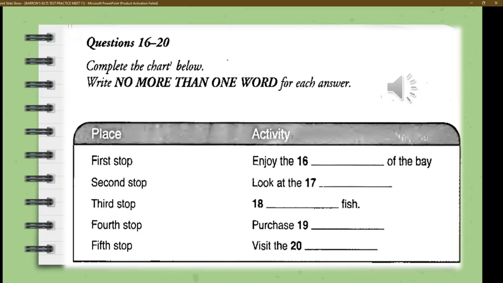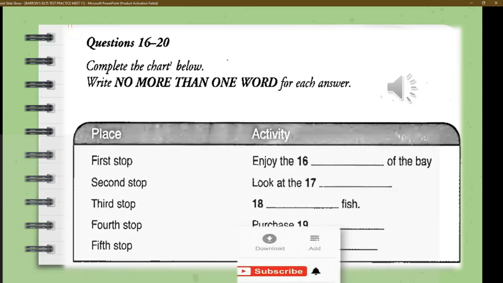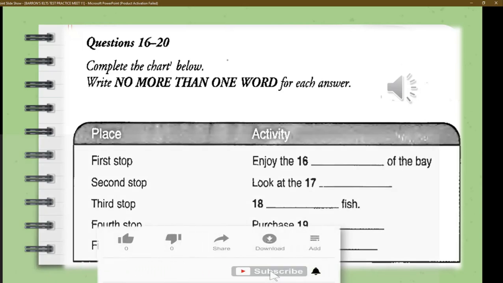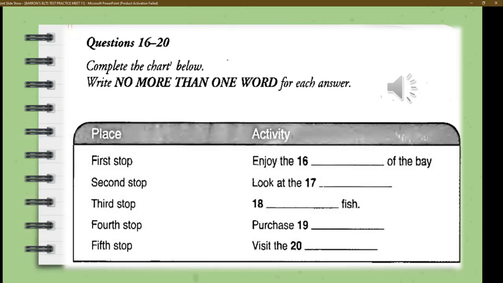That is the end of section 2. You now have half a minute to check your answers. Now turn to section 3 on page 86.